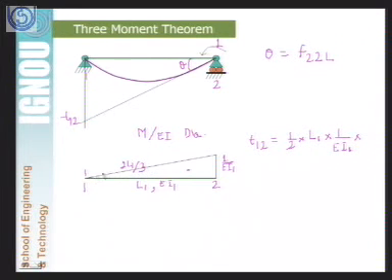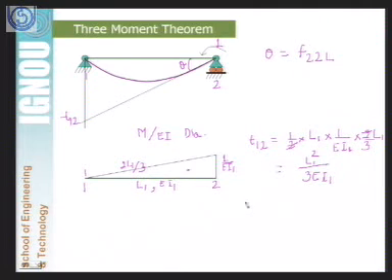As you know from simple geometry, the distance of the centroid of this triangle from this node will be equal to 2 by 3 of its base. So let us multiply it by 2 by 3 L1. So this 2 will be cancelled out and its value will become L1 square divided by 3EI1. So friends, we have calculated here T12.